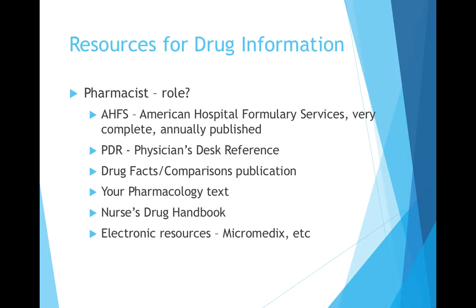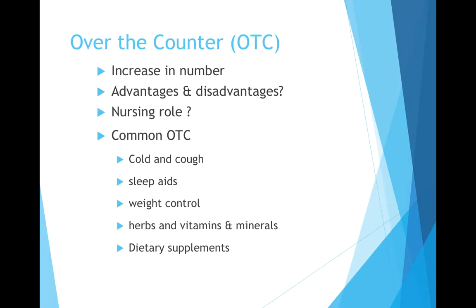They're always a good resource, and we also have all of our drug reference books that you see here, your textbook, a nurse's drug handbook, and in the acute care environment, most of your medication administration records in the electronic system have an automatic link to Micromedex, which is really nice. You can look up the meds right on the spot when you're giving them if you have any questions.